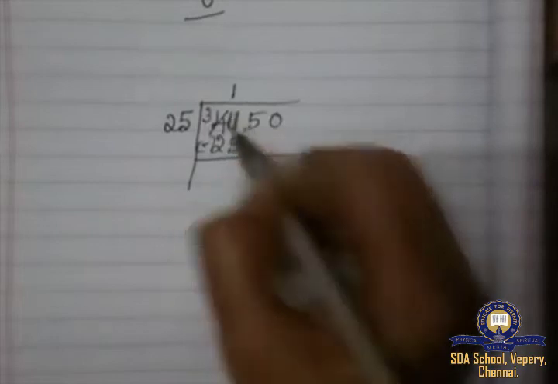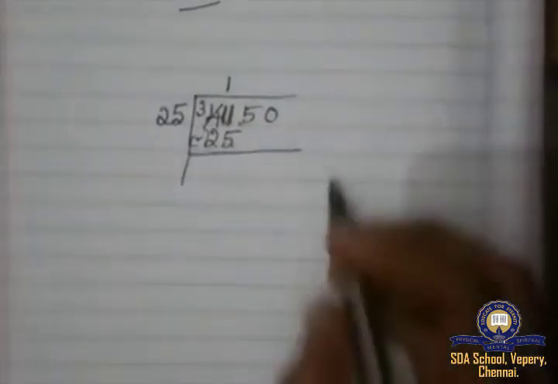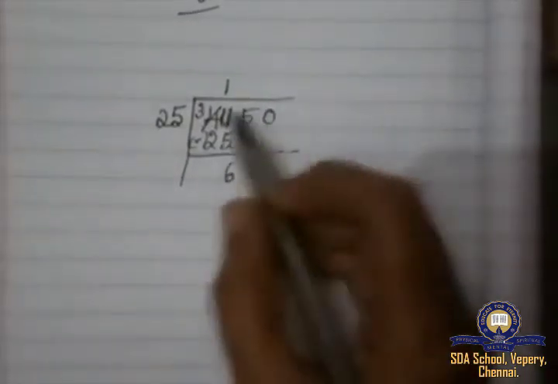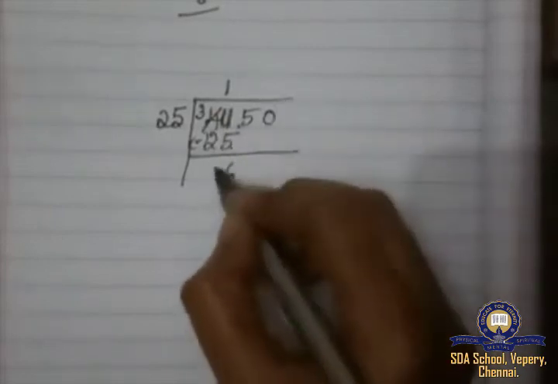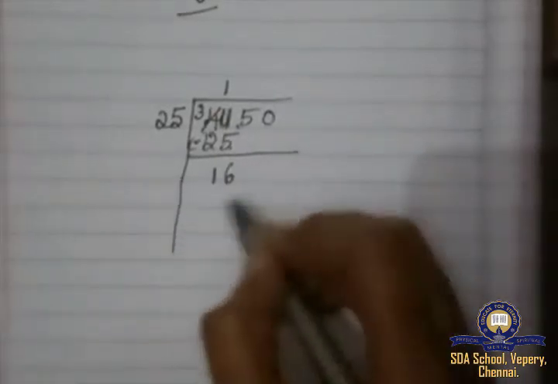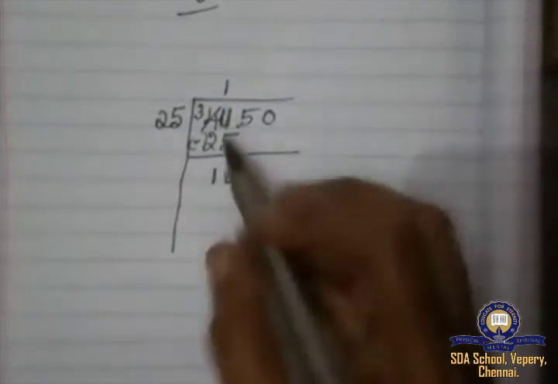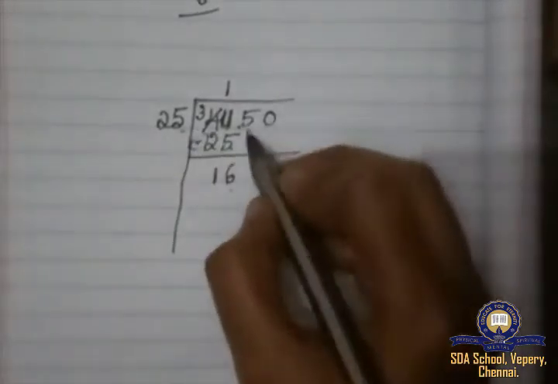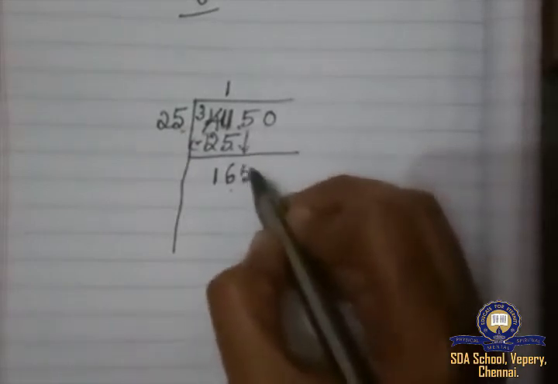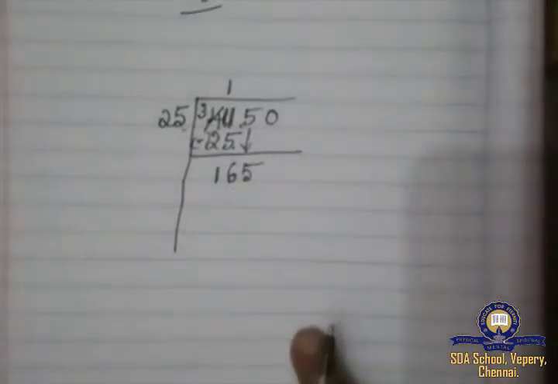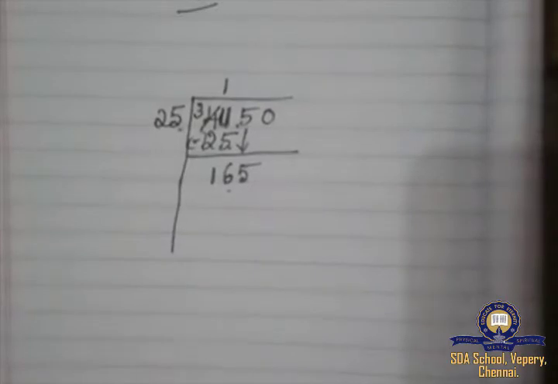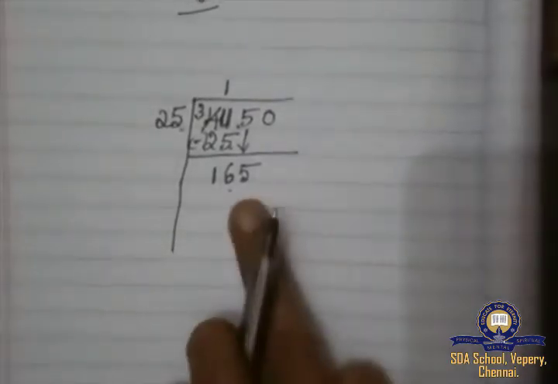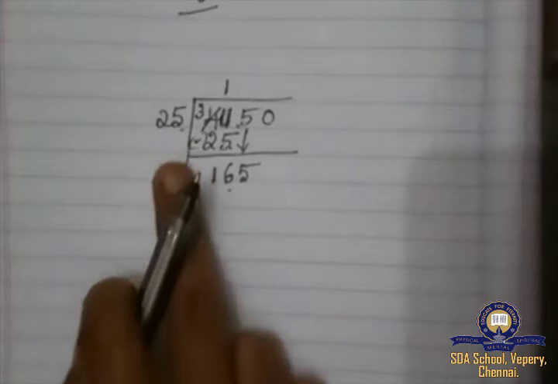This will become 11. 11 minus 5 is 6. 3 minus 2 is 1. Now 16 is a very small number when compared with 25. Bring down this 5. Shall we check whether we get this 165 in the 25 table?